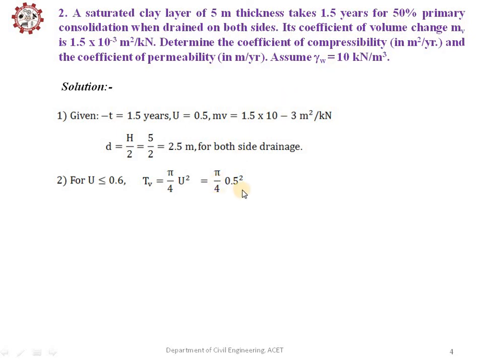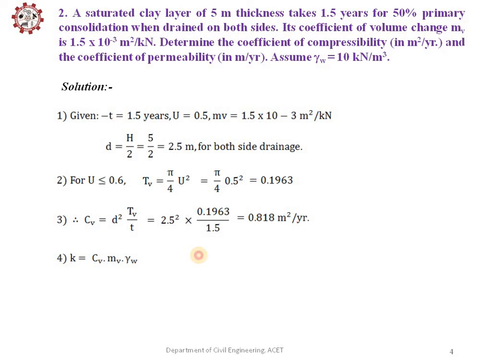So pi by 4 into 0.5 square is 0.1963, and then you need to calculate the Cv. So Cv is d squared Tv upon small t. Substituting all in the formula, we get 0.818 meter square per year.